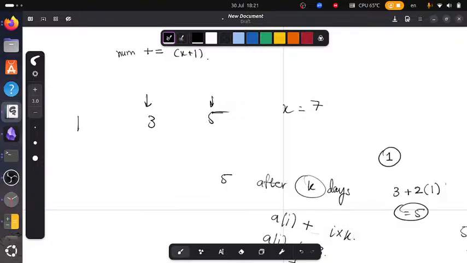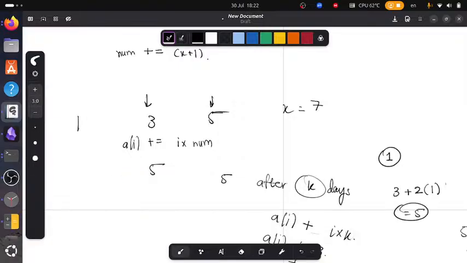So after first operation, 1 day has passed, and once we come here, we will add to a of I plus equal to I times number of days, which makes it 3 plus 2 times 1, which makes it 5.